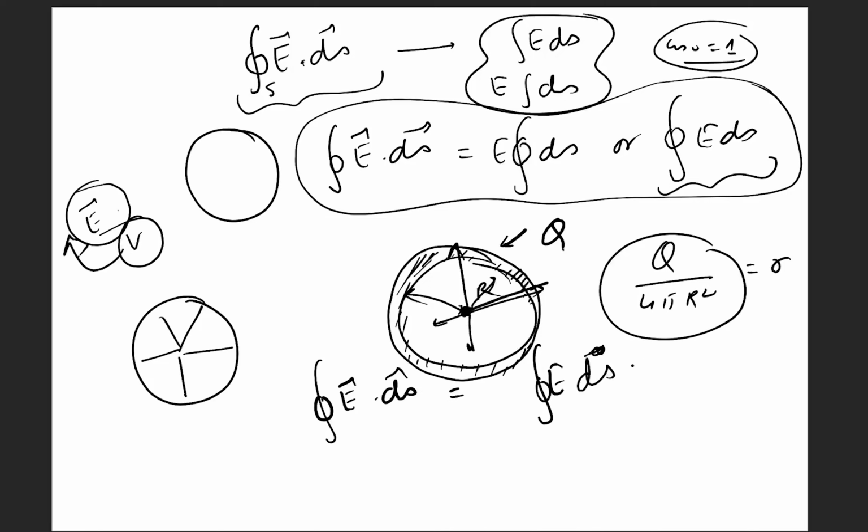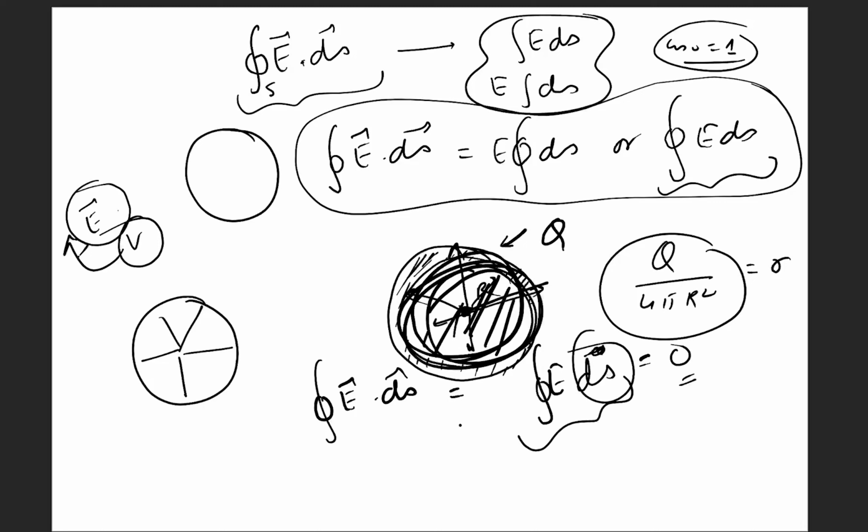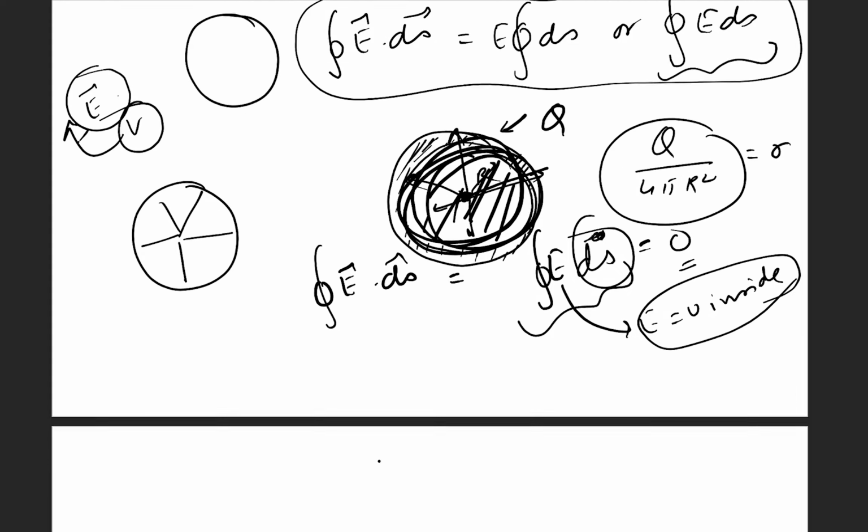Since there is no charge enclosed inside, the charge all resides on the surface, this is equal to 0. So we find that this ds cannot be 0, so E should be 0 inside everywhere. This is the application of Gauss law in finding the electric field inside a spherical shell with uniform surface charge density on it.